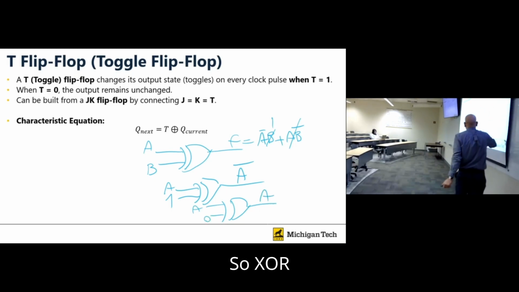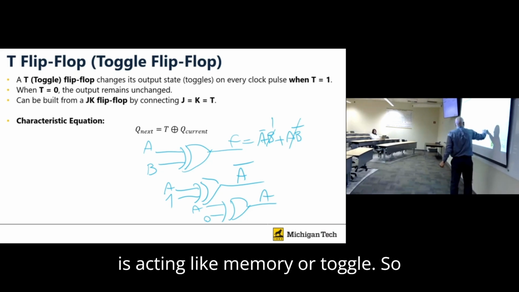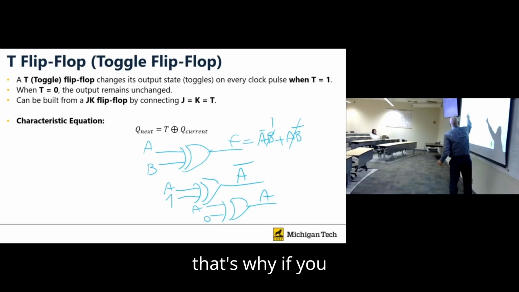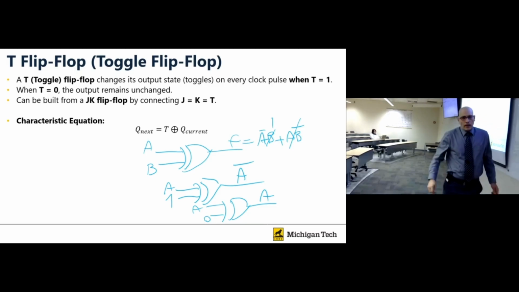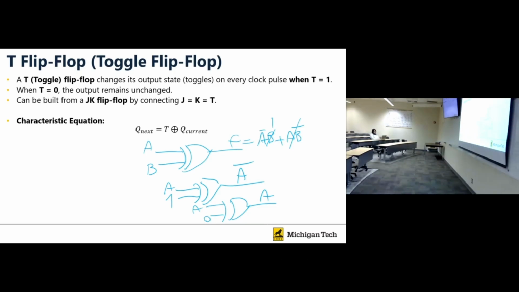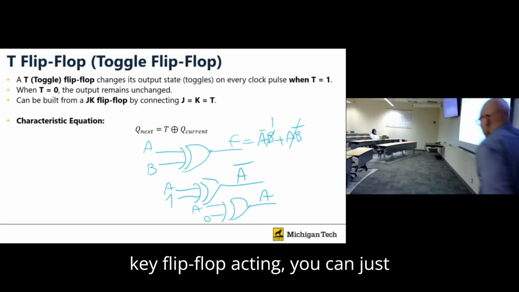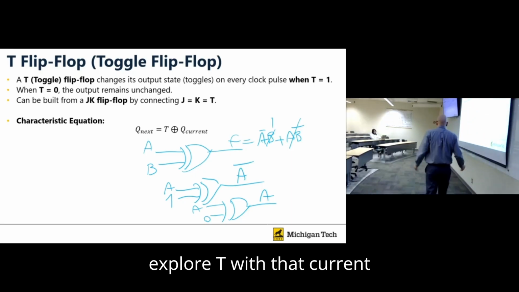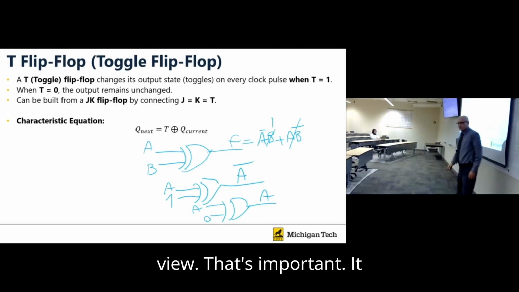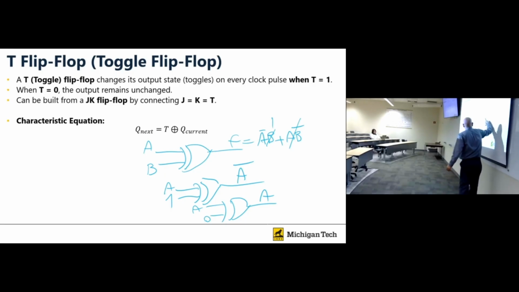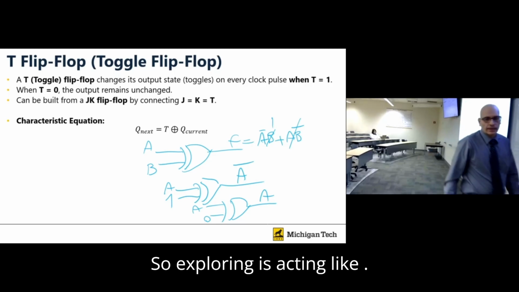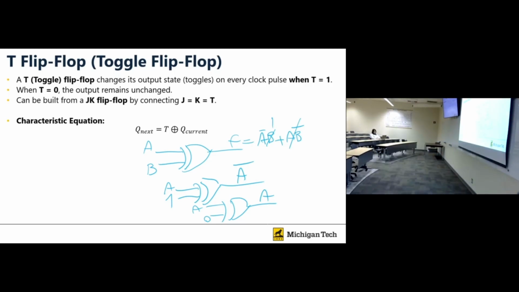So XOR is acting like memory or toggle. That's why, if you want to see how a T flip-flop acts, you can just XOR T with the current Q. That's important. This is coming from that expression. So XOR is acting like toggle.